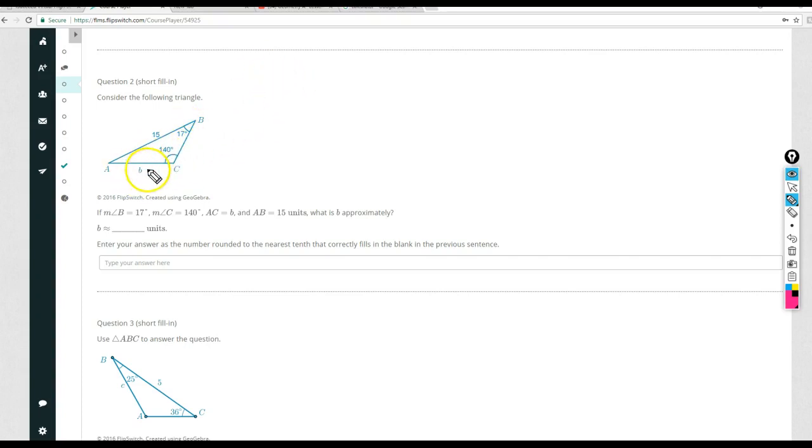So I'm going to set up the side length B is to the sine of its angle. So B's side length is to the sine of its opposite angle, which is 17 degrees, as 15 is to the sine of its opposite angle, which is sine of 140 degrees.